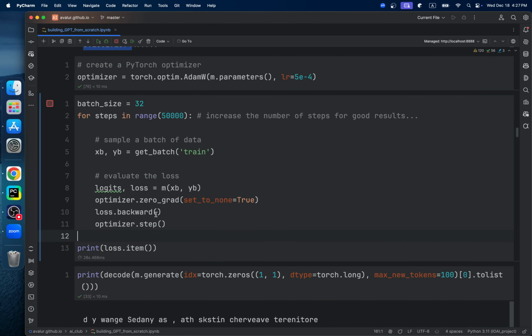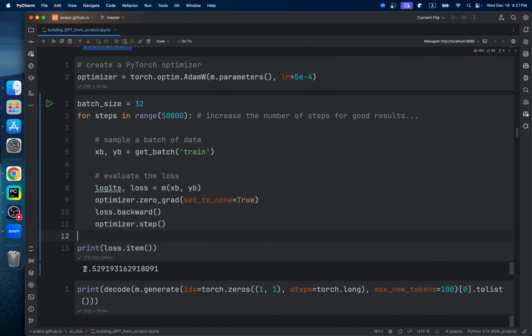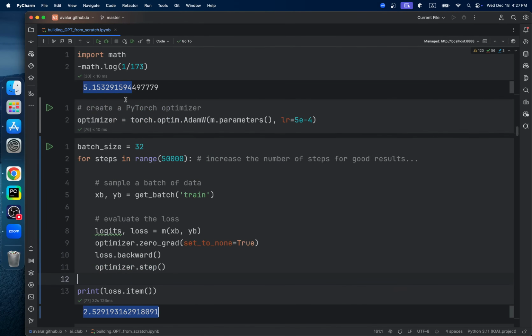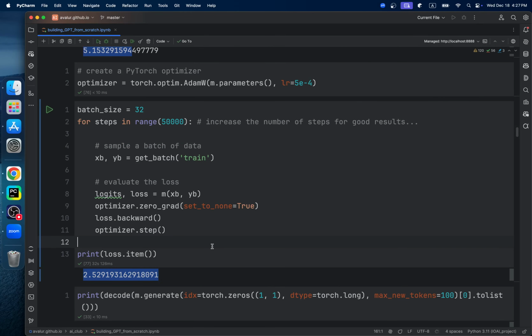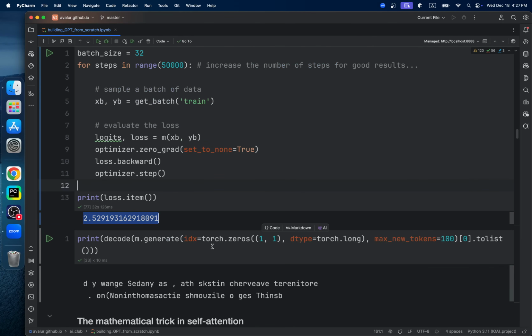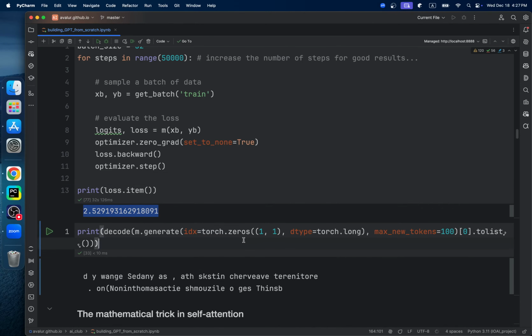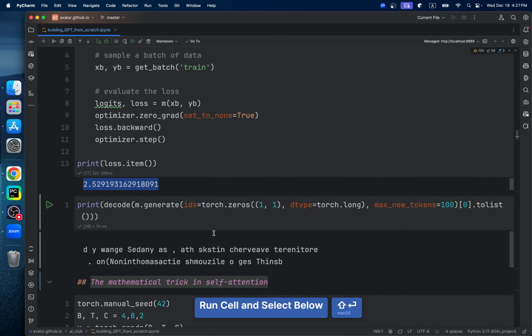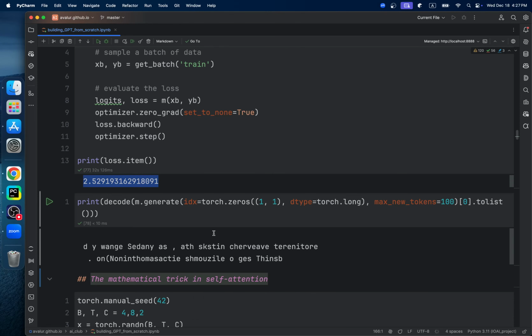Okay, so after all the optimization, we get, you see, twice better loss than for the random model. So it trains and it works. Even for this very simple model, we can generate new text similar to the train text. And here you see spaces, then commas, and it tries to put new lines.